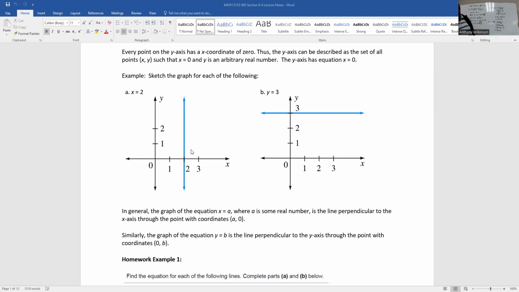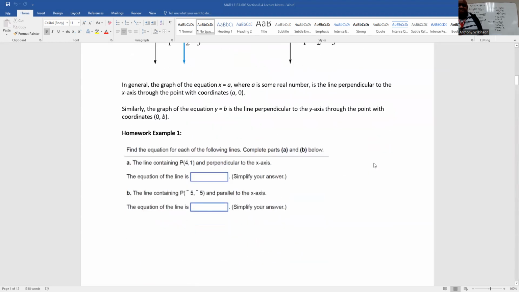So it's going to be this here. Whereas the graph of y = b will be a line perpendicular to the y-axis through the point with coordinates (0, b).